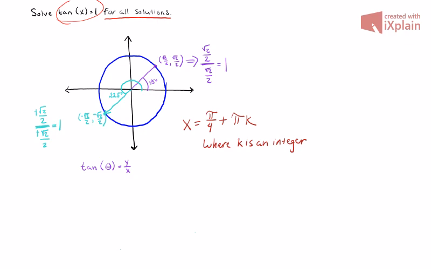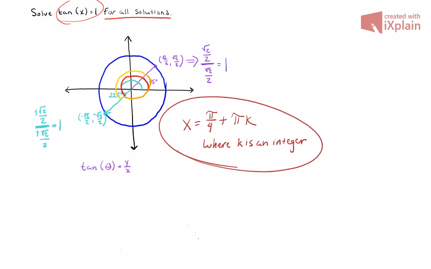The reasoning behind this solution is, if I start at 45 degrees and then I add another 180 degrees, I'm back to a terminal side where I would get a tangent value equivalent to 1. And then again, if I add another 180 degrees, oh look, I'm back to another terminal side that would give me a tangent value whose output is 1. We can continue to go around again, and here's 180 degrees.